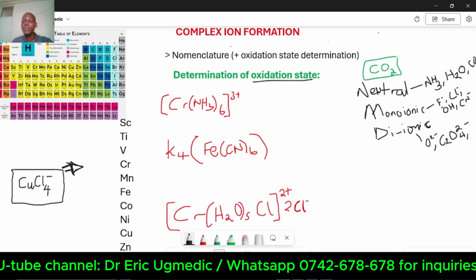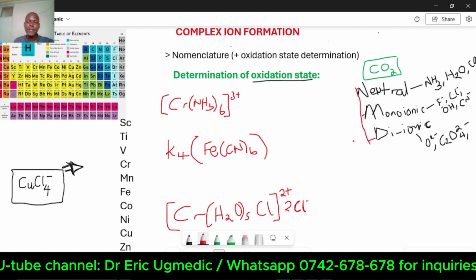So all those are neutral ligands. So you must know whether it's neutral, monoionic, or diionic, but you find that the examples we use are almost the same. So that's the first thing I must know whenever I'm going to find oxidation state. I must know the nature of the ligand, you get?